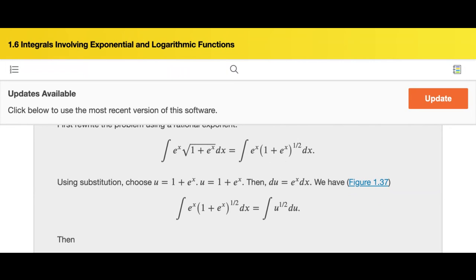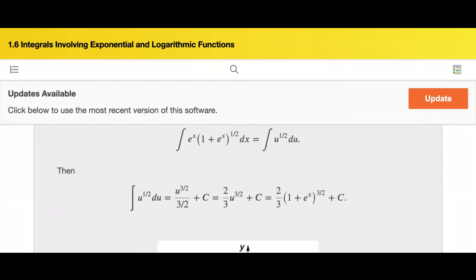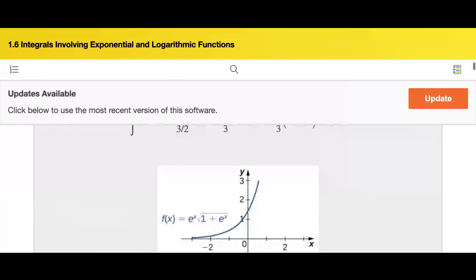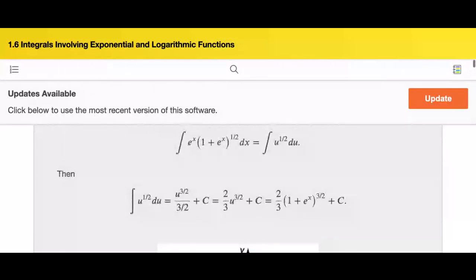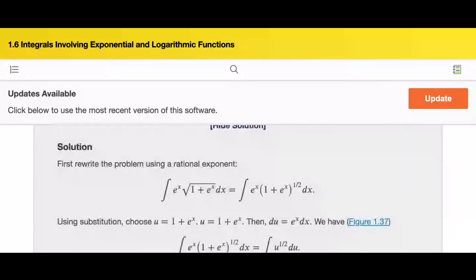Hold on, I think this has some typo in it. So e to the x equals u minus 1, so we would get u minus 1 times u raised by half. Okay, this has a little typo. Let's go to the whiteboard.